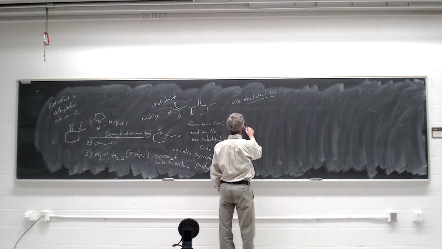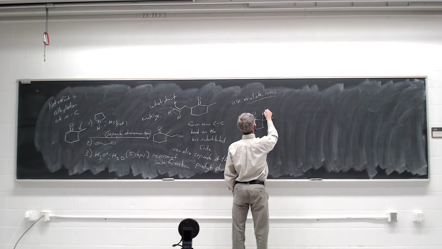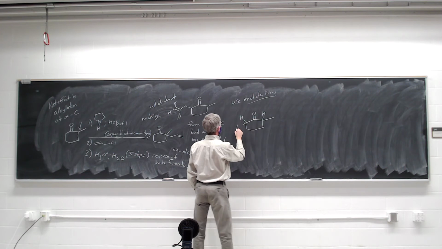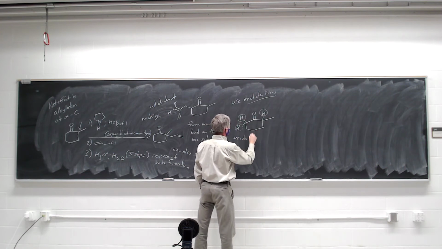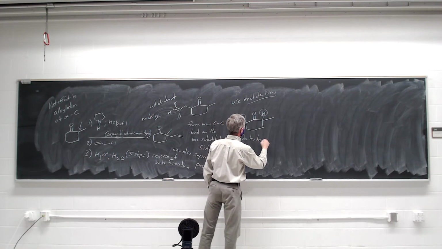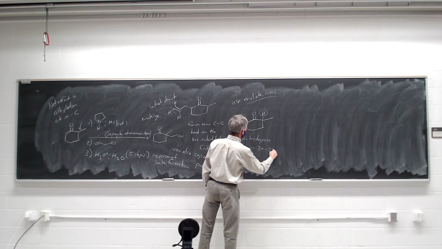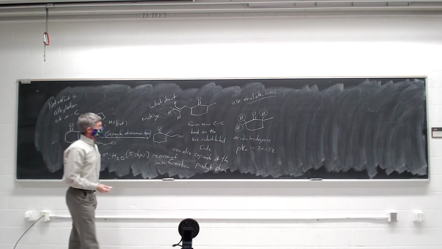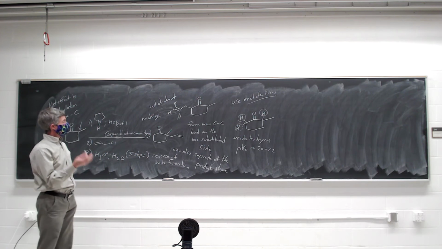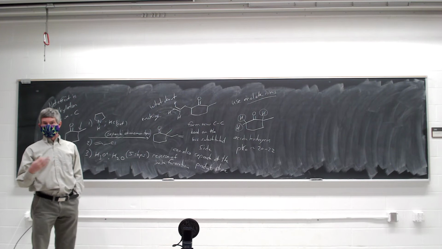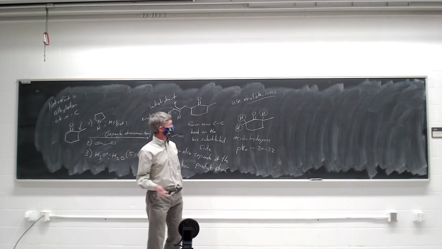Because the alpha hydrogens are reasonably acidic, and we have these three acidic hydrogens that have a pKa around 20 to 22, there are plenty of strong bases that we can use that will quantitatively remove that hydrogen with an equilibrium constant that's way more than 10 to the third. So we're basically taking the hydrogen off irreversibly.